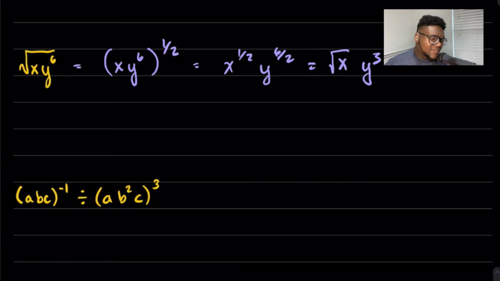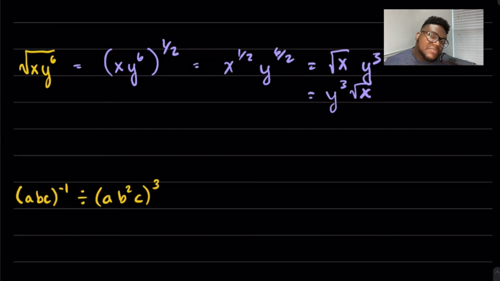I like to put it in front when I'm typing something in just in case, because sometimes a computer program can think that the y is actually under that root. Remember, it's not, because we had x to the 1/2, x to the 1/2, right? 1 doesn't go into 2, right? And so you weren't able to get a nice whole number there. But 6 did go into 2, which is where we were able to get a whole number, so we didn't have to put it under the radical.